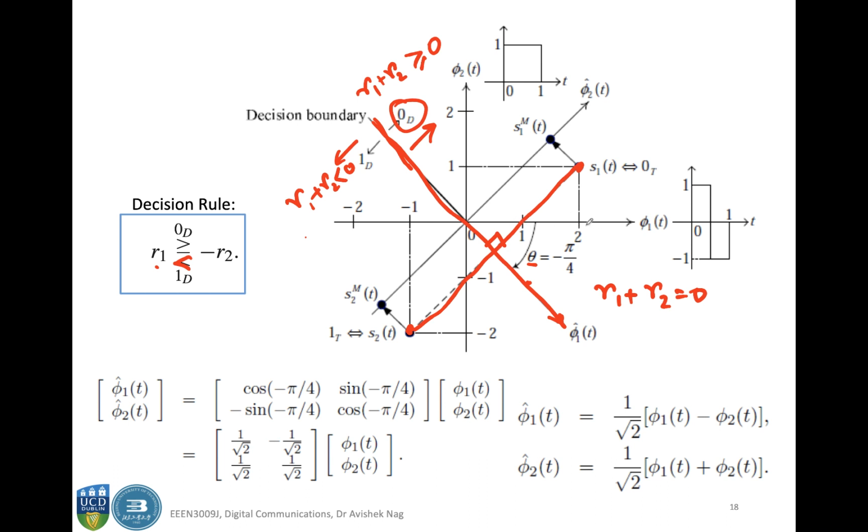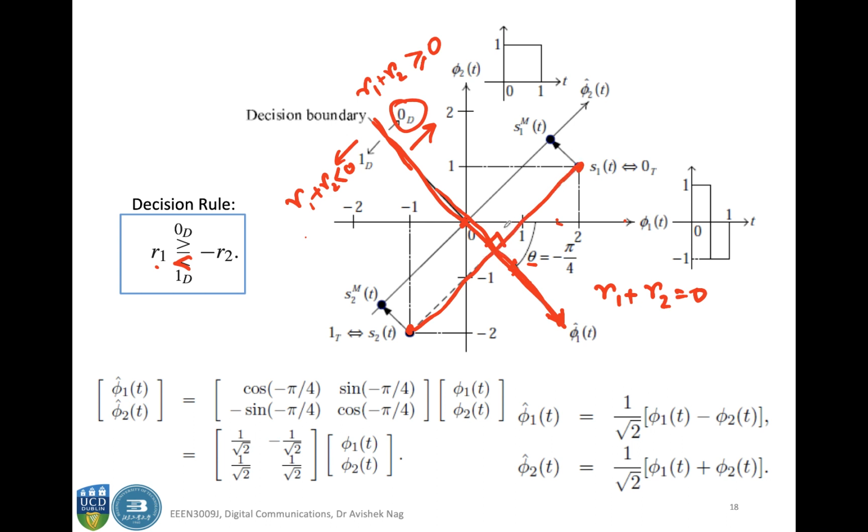So basically if your axis is rotated in this direction, these axes coincide with this line, which was your original decision boundary, and the original decision boundary was basically the perpendicular bisector of the line joining the two signals.